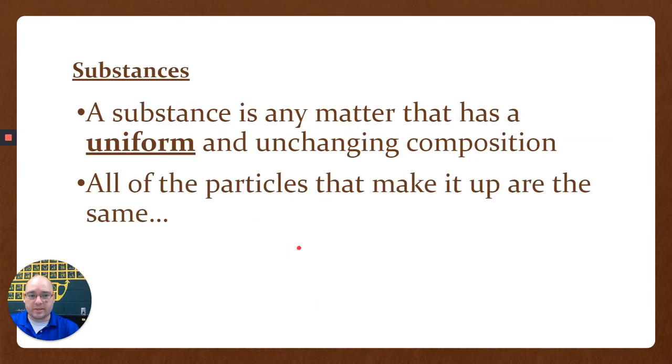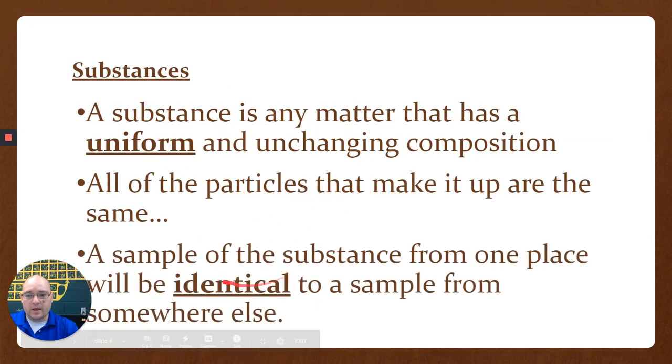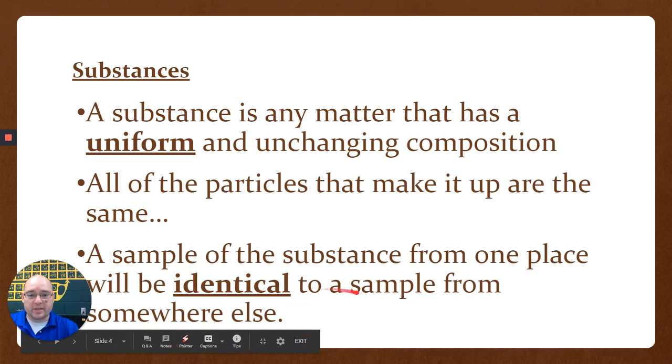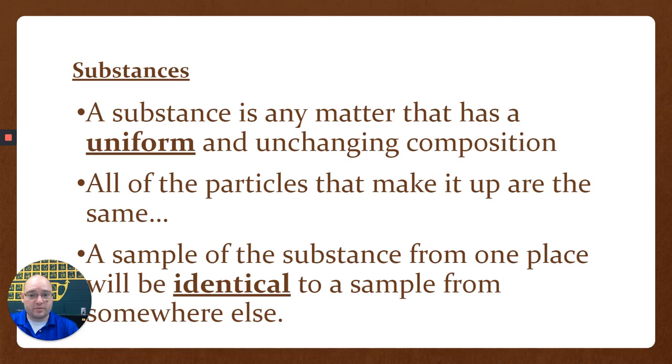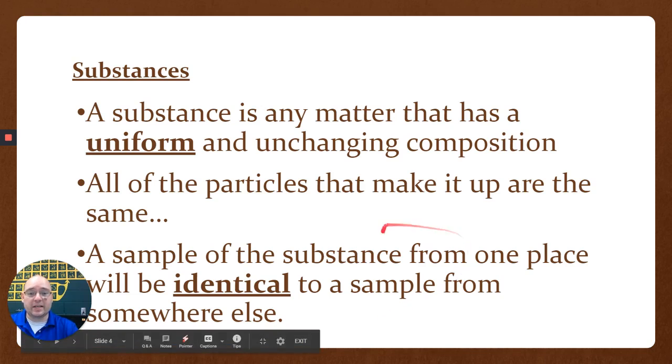All of the particles that make them up are the same. A sample of substance from one place will be identical to a sample from somewhere else, as I said before. If you get it from Africa or Australia or Europe or Dallas or Fort Worth, it doesn't matter where you get it. If it is nickel, then it is going to be the same as every other nickel everywhere else.